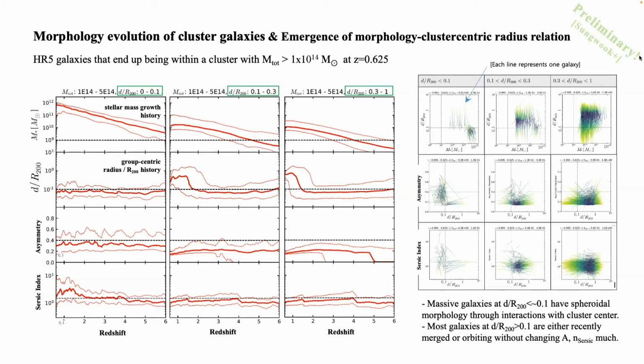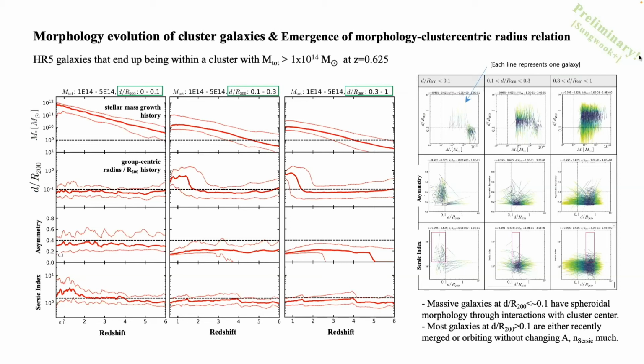I don't have much time, but most galaxies at large cluster-centric radius are either recently merged galaxies or small galaxies orbiting without changing asymmetry and Sersic index. So we actually see the development of the morphology cluster-centric radius relation in clusters. At the center, there are many galaxies with Sersic index larger than 1.5, but at the outskirts, it's fewer.